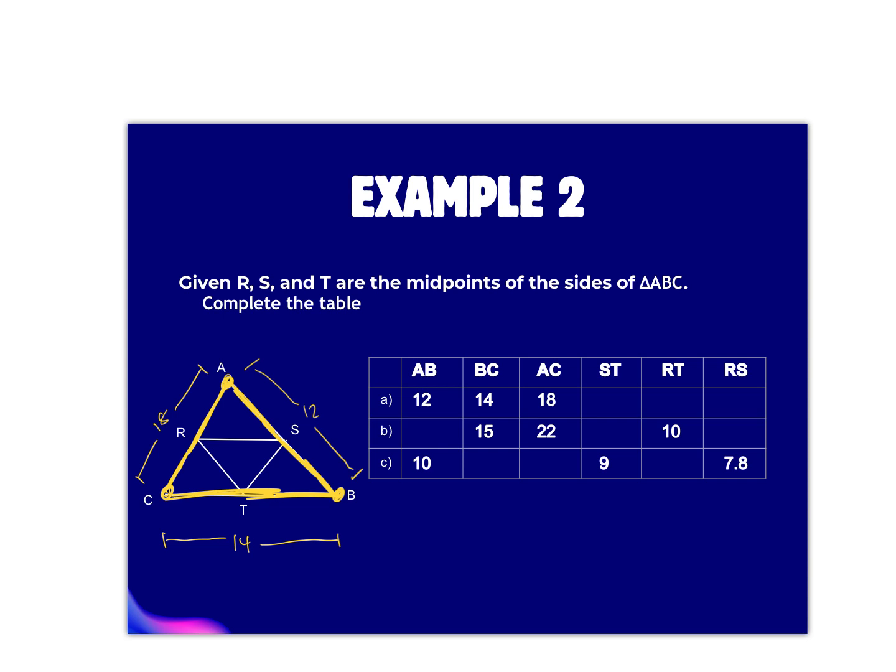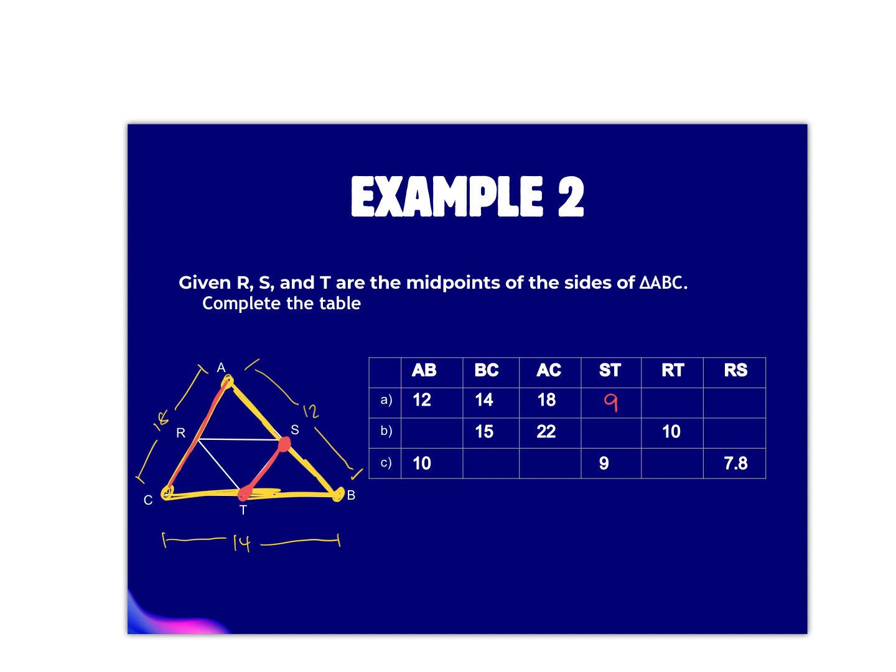Now it wants to know what is ST. Well, again, I'm going to come over to ST. ST goes from this midpoint to this midpoint. So I know that it's parallel to AC, and I know it's half of AC. So if AC is 18, ST is 9, okay?